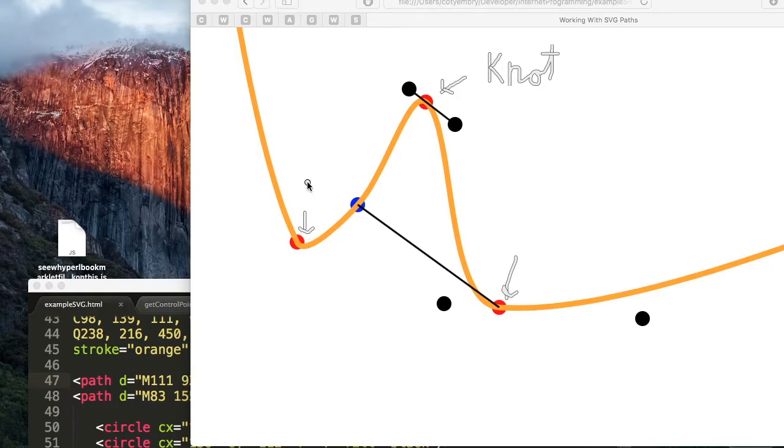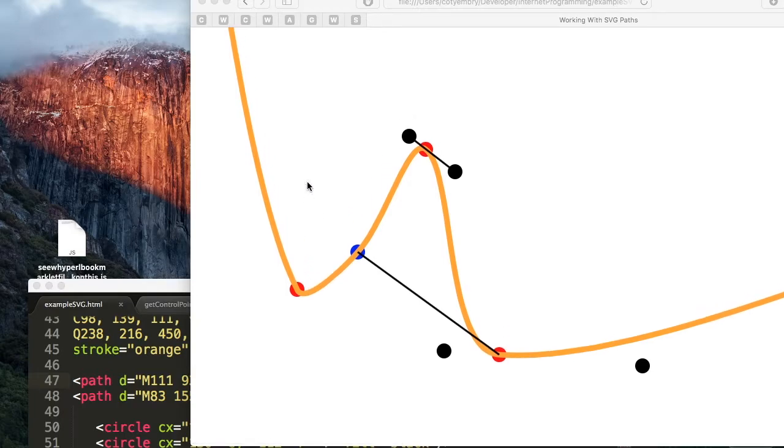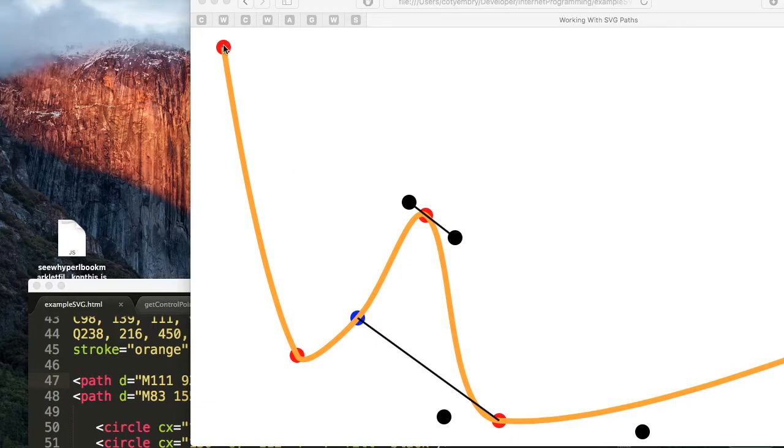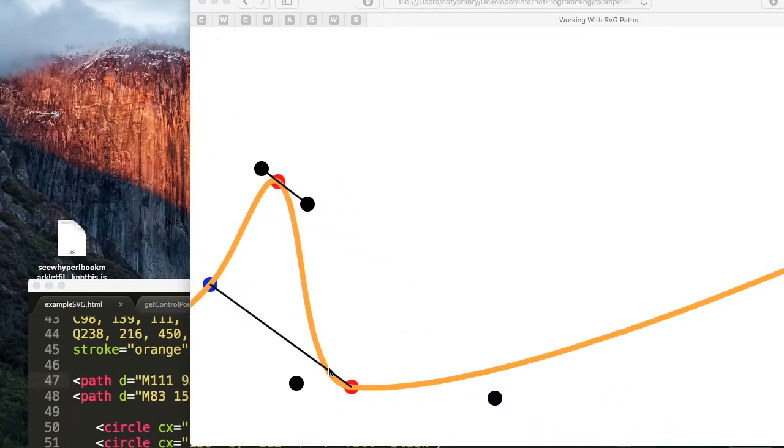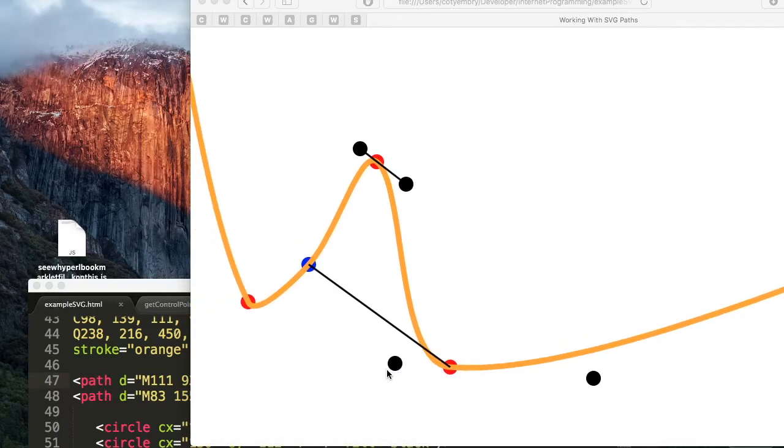Any place that actually connects two curves together is a knot. This is a knot. There's a segment, there's a segment. All these are knots. Segment, segment. Those are called knots.